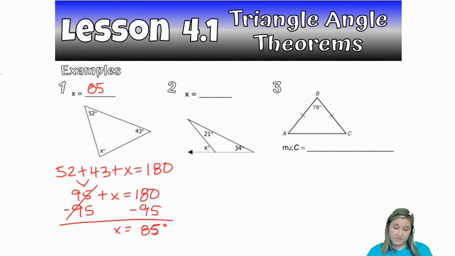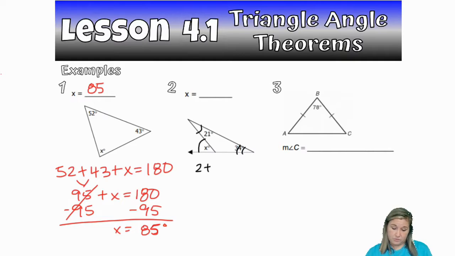On this triangle here, I am trying to find this angle. Remember, the two other angles added together are going to give me that exterior angle. That's the triangle exterior angle theorem.